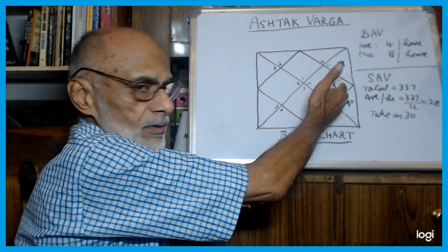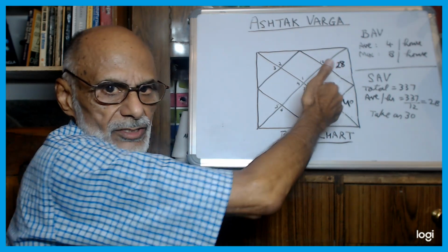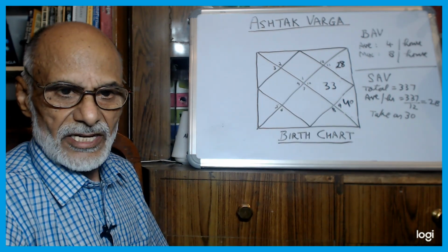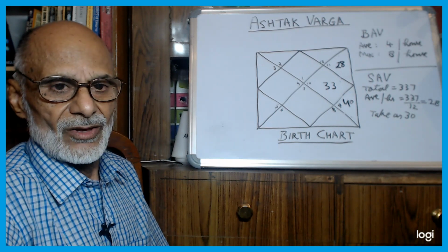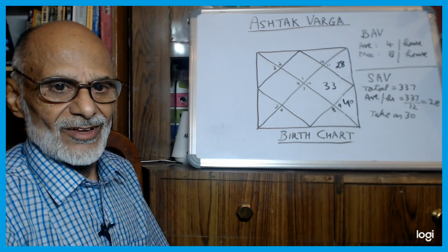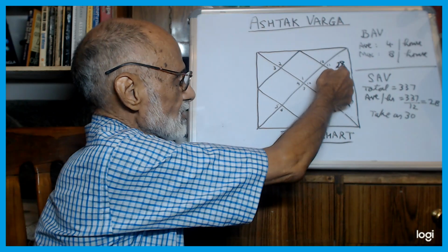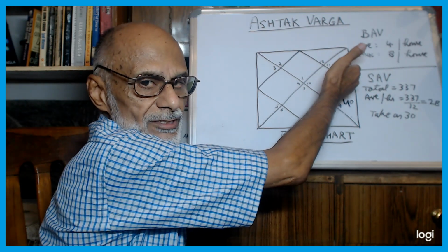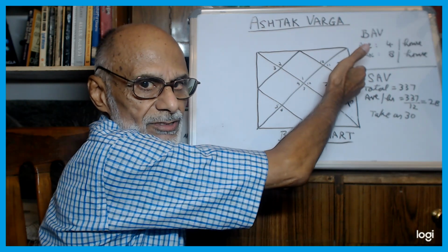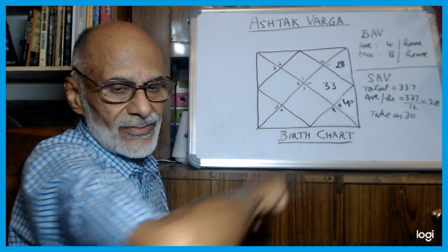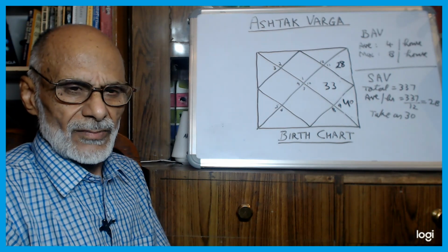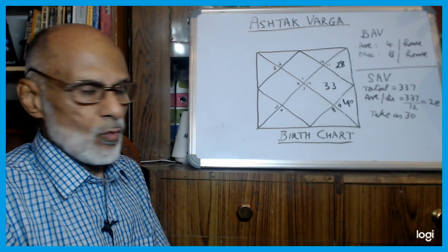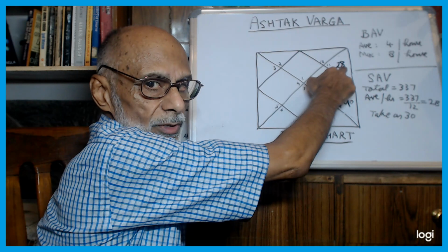If the native utilizes his or her skills and takes the right decisions at the right time, follows the right profession, one can have results. But in the house of results, there are very low points, 28, just average. What does it mean? That the native needs to look why there are 28 points.